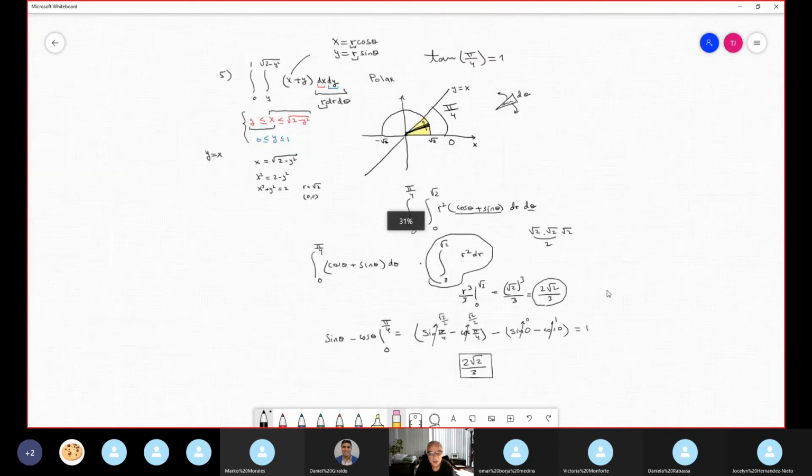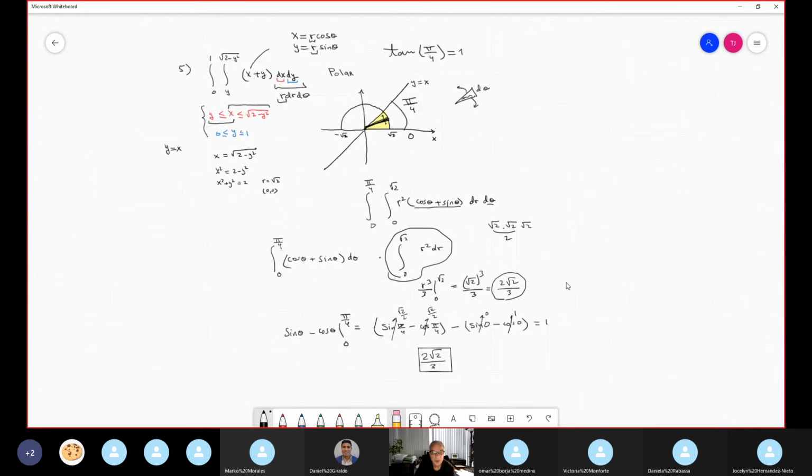Okay, any question? Do you feel strong in conversion to polar? Remember, several steps. Do the sketch of the region. You need to understand the region very well, number 1. Number 2 is change the integrand function.